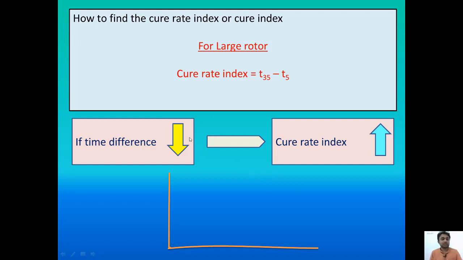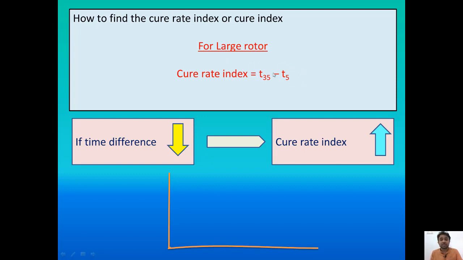So here is one example. If you have used a large rotor to measure the Mooney viscosity, to measure the vulcanization properties using a Mooney viscometer, we have to use this equation to calculate the cure rate index. If the time difference is less, we will have a high cure rate.